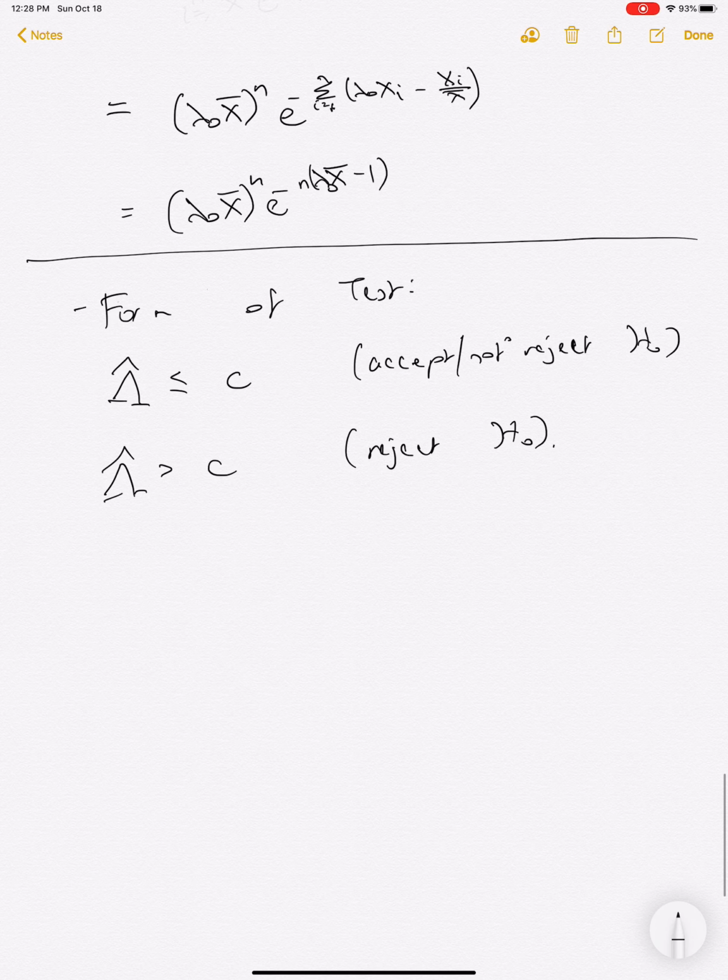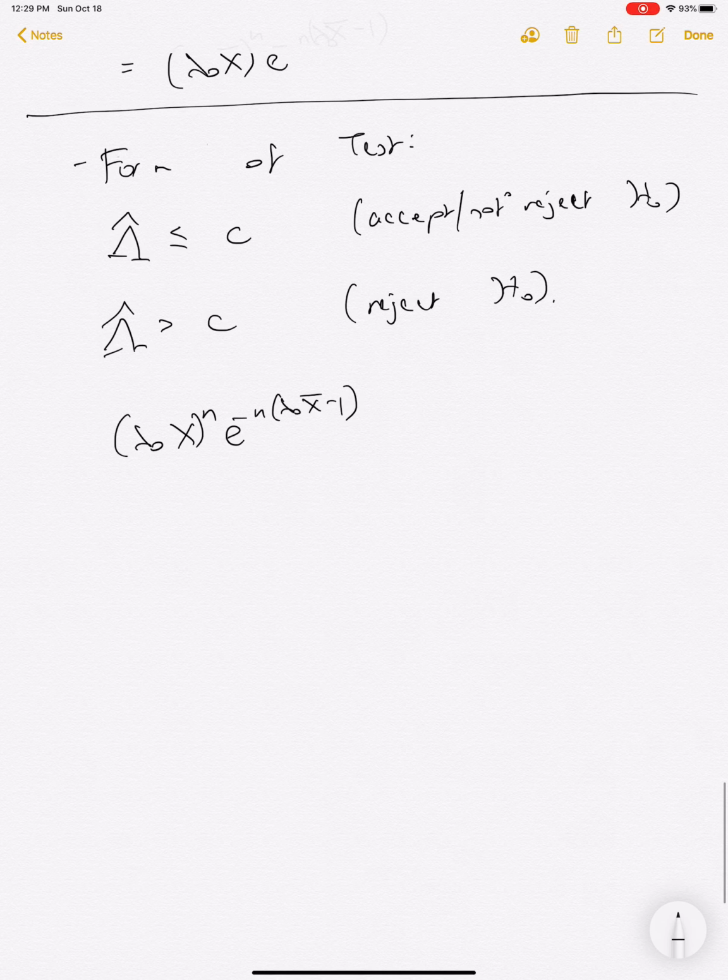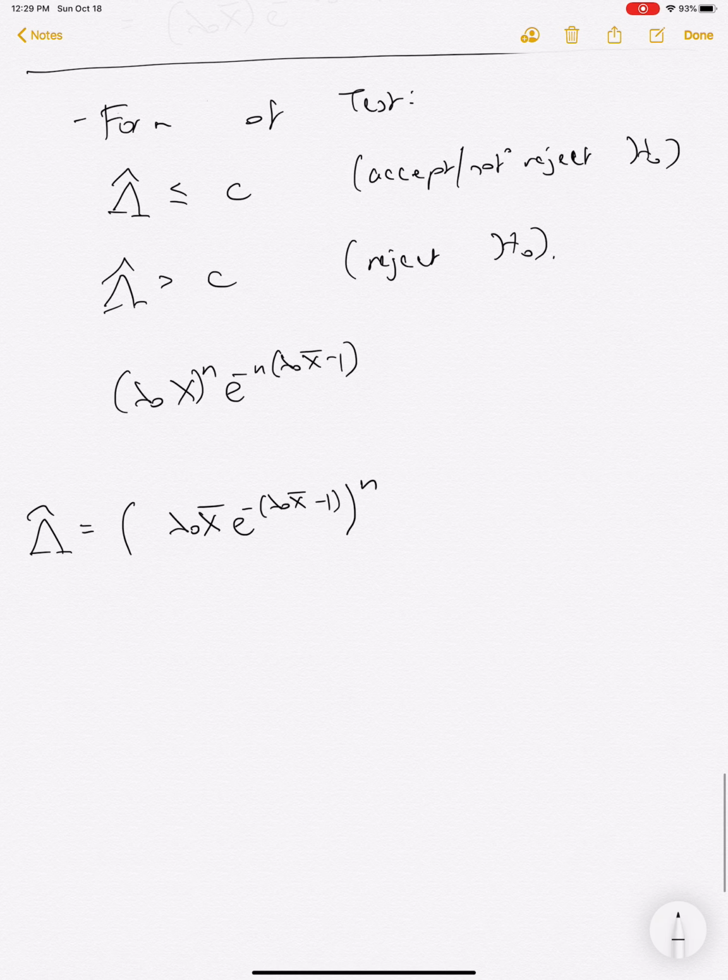And once again, you can plug that all in and see that this is the gamma hat that we got earlier.